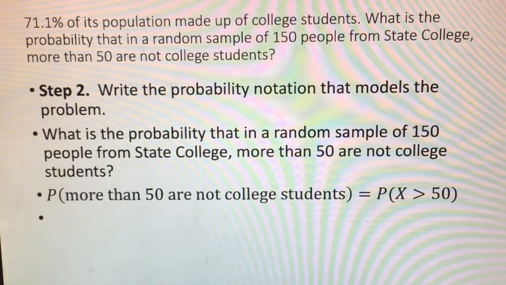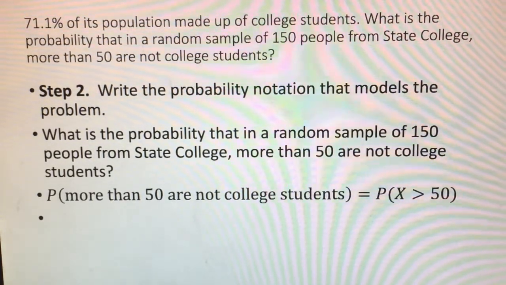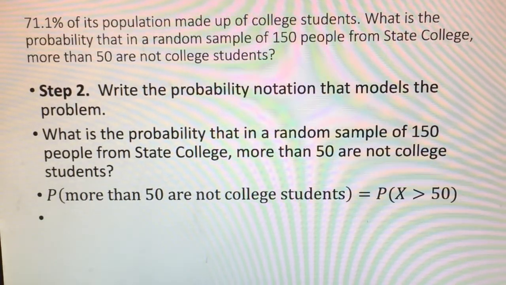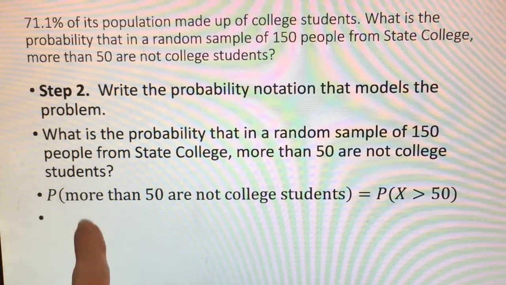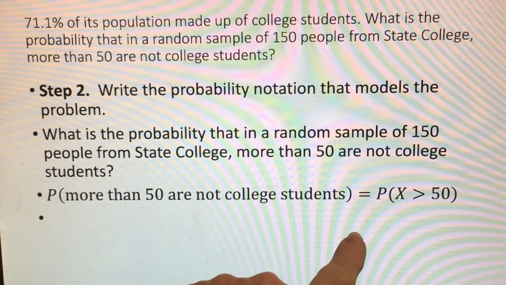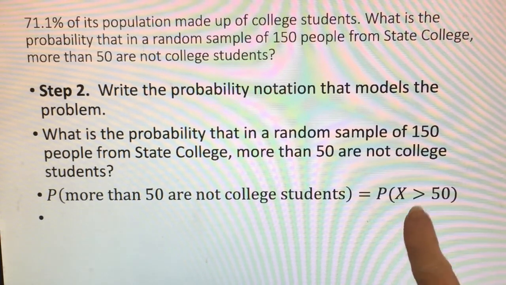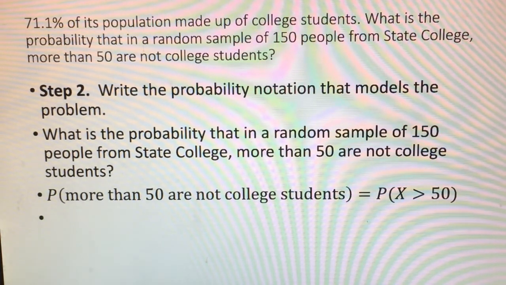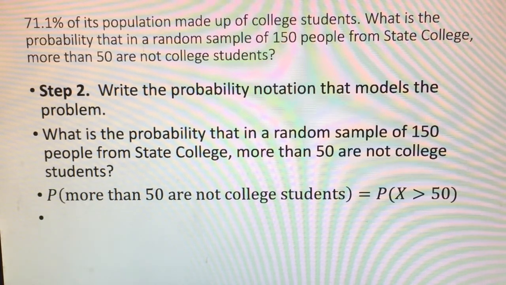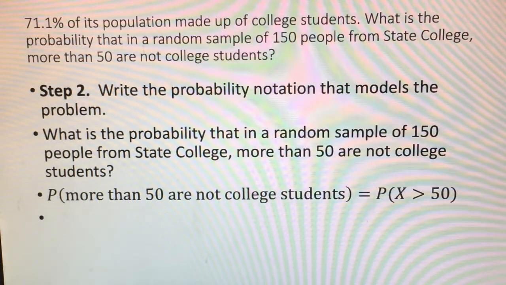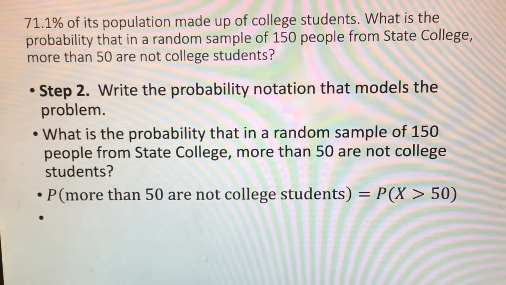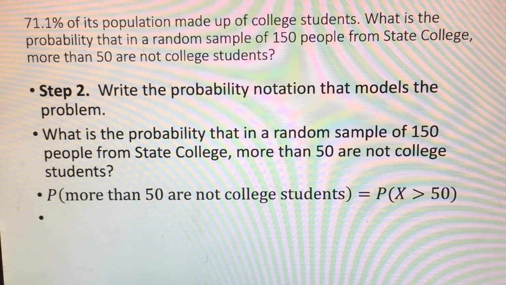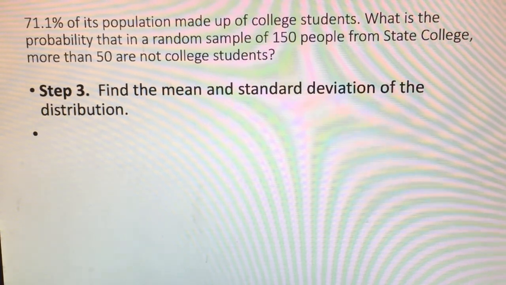The probability that more than 50 are not college students is the probability that X is greater than 50, because X represents our success variable, and not college students is our measure of success. Therefore, X is greater than 50 would model our probability statement for us.